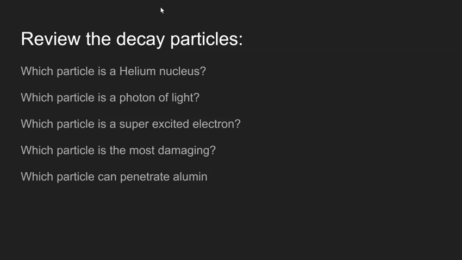The particles that can be emitted are an alpha particle, a beta particle, and a gamma particle. An alpha particle is a 4-2, like a helium nucleus. A beta particle is like an electron. And a gamma particle is a photon of light.